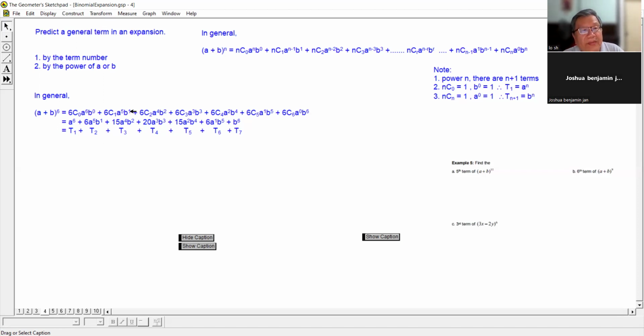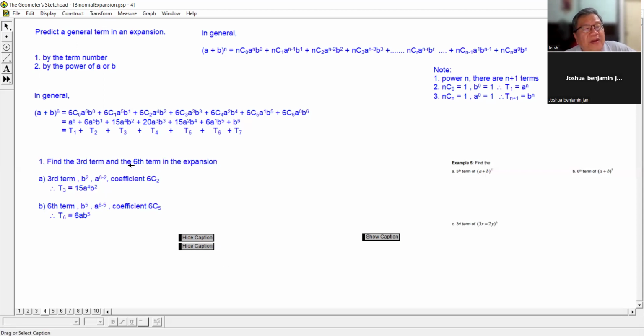If I give you 1, then you take 6 minus 1, then you will get 5. Is that okay? You must know how to predict the power of any one of the terms. If they give you one, you must know the other one. Okay, right. So if you know the pattern like this, then we look at one example.